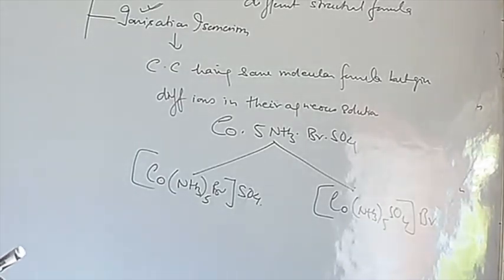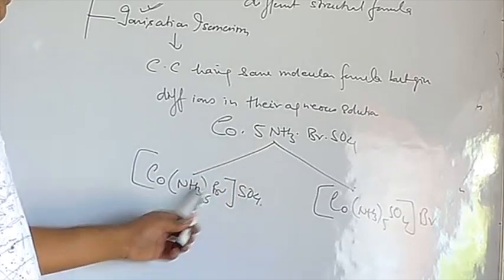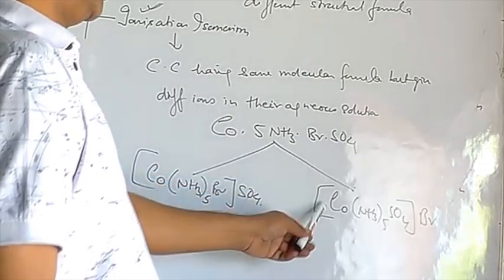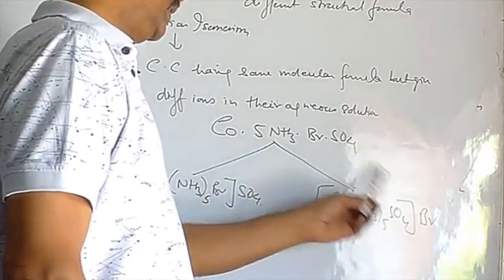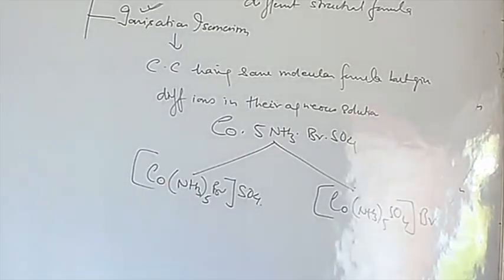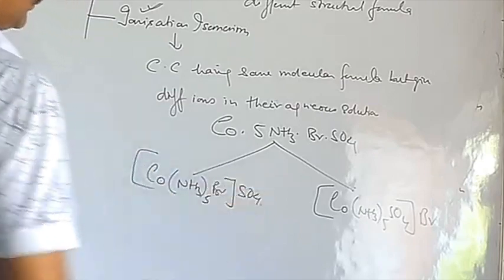So class, let us first see whether they are having same molecular formula or not. 1 Co, 5 ammonia, 1 Br, 1 sulfate. Similarly, 1 Co, 5 ammonia, 1 Br, and 1 sulfate. So both are having same molecular formula, but class, you know very well, when we ionize, in the first case we get sulfate ion in their aqueous solution.